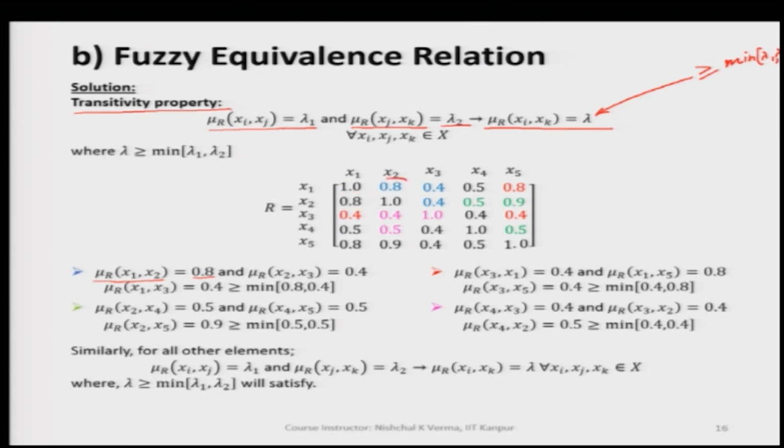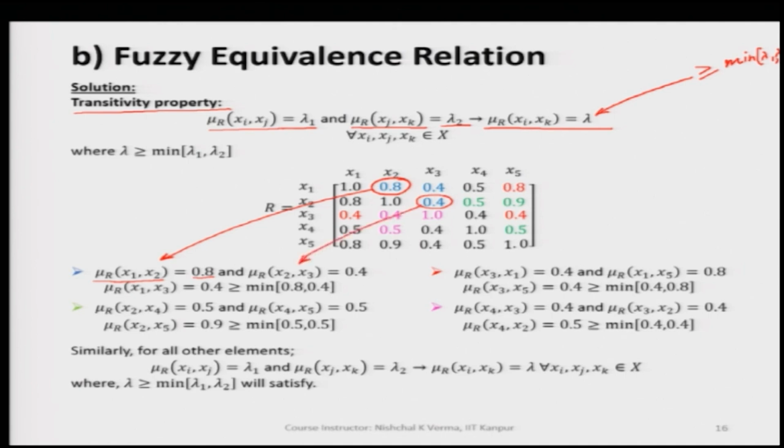This is the value mu r of x 1 x 2, and now when we find mu r of x 2 x 3, let us say this value mu r of x 2 x 3. So, x 2 is this and then x 3 is this. So, mu r of x 2 x 3, this is nothing but this value.